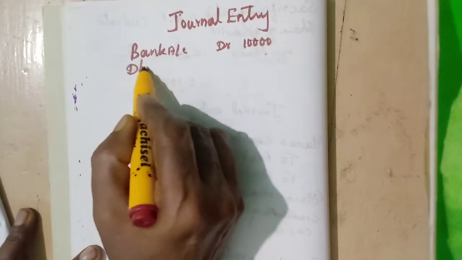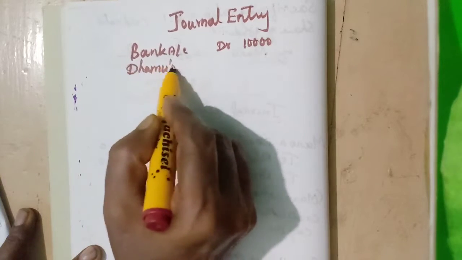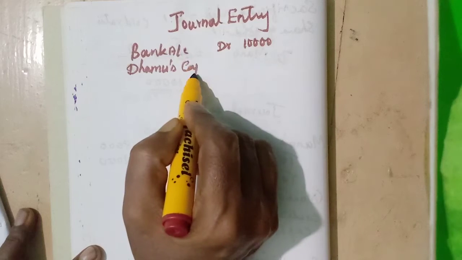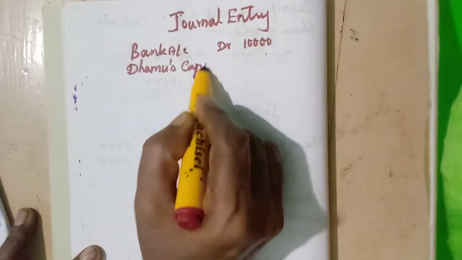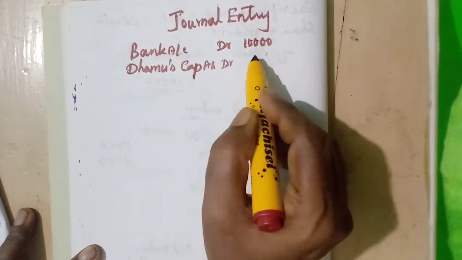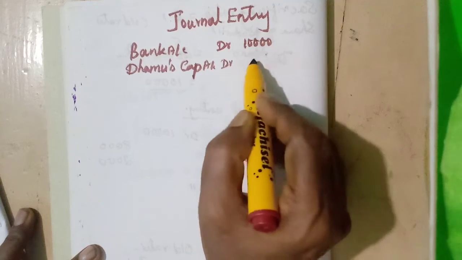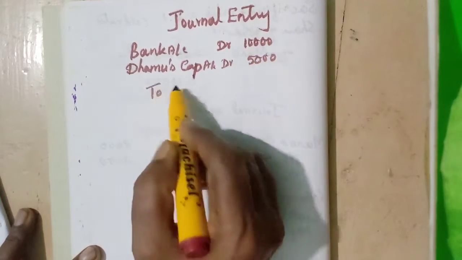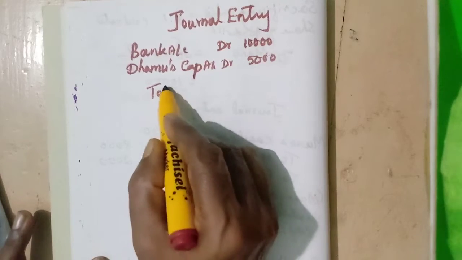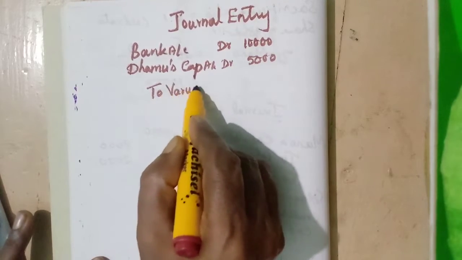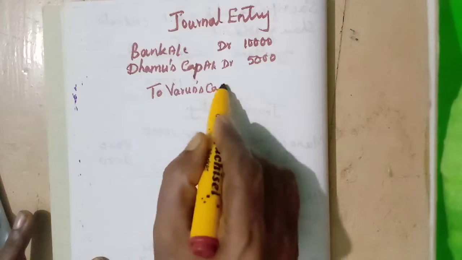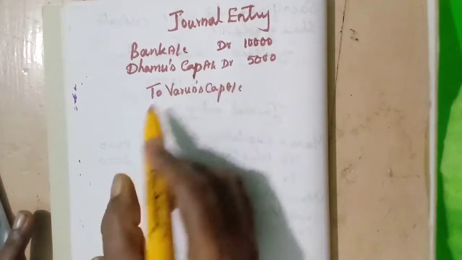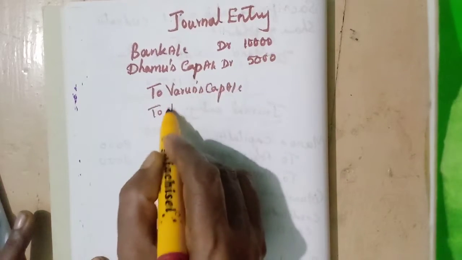Damu's fluctuating capital account debit 5,000. His share of goodwill is total 15,000. This will be transferred to the old partners: Varun's capital account, Bharat's capital account.